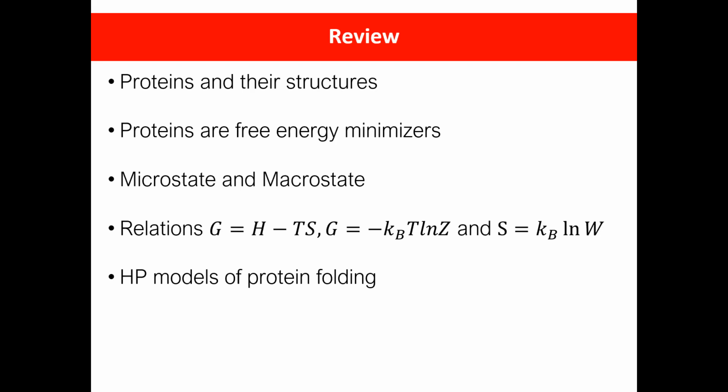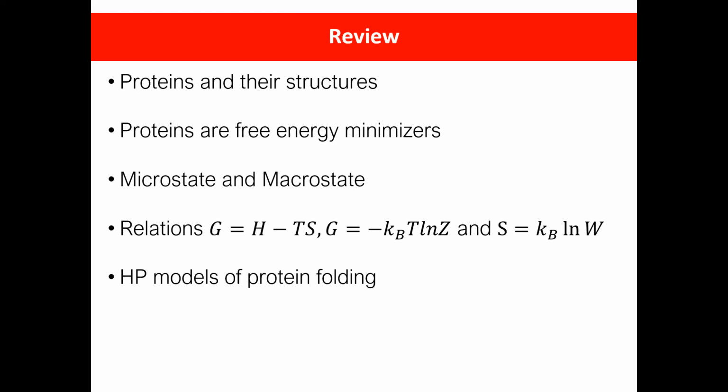Then one of the things which I told you is that whenever we are talking about protein folding, the proteins are free energy minimizers. Okay, because the folding is happening in presence of thermal energy. There we looked at the concept of microstates and macrostates. What I told you is that macrostates are like global states and microstates are like local states which belong to a given macrostate.